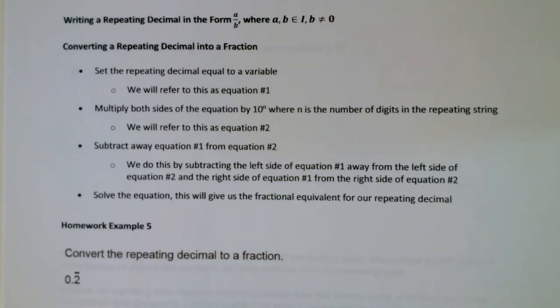That means if you have 2 numbers underneath that bar in the repeatand, then you're going to multiply by 10 to the second, or 100. Or if there are 3 digits that are repeating, then you're going to multiply by 10 to the third, or 1,000. And then we'll refer to that as equation 2.